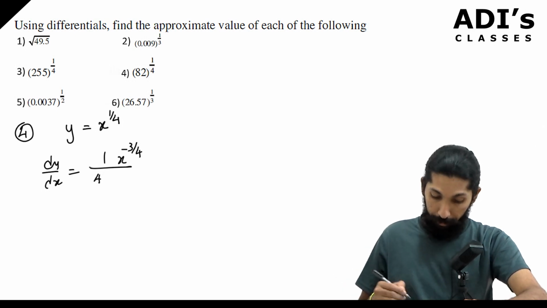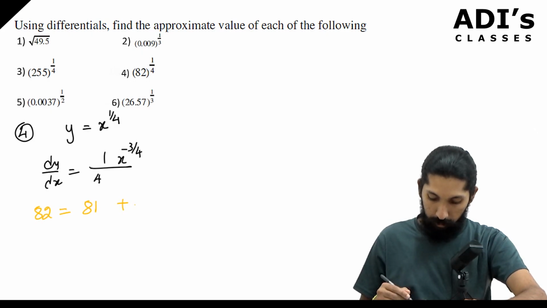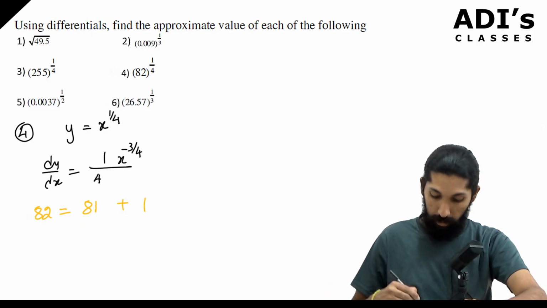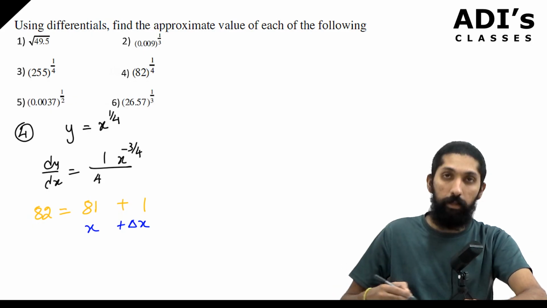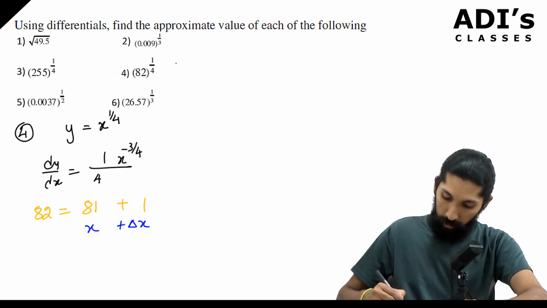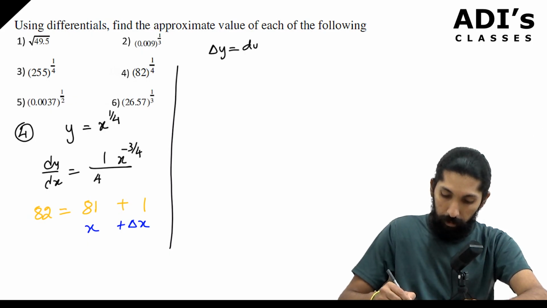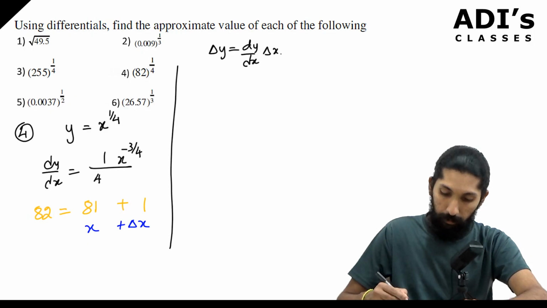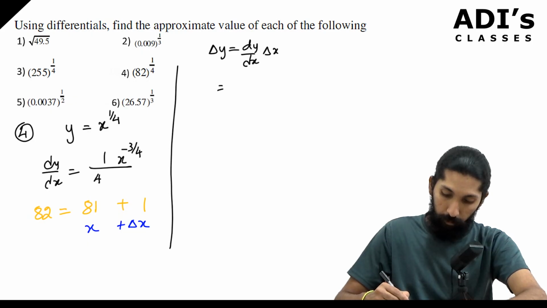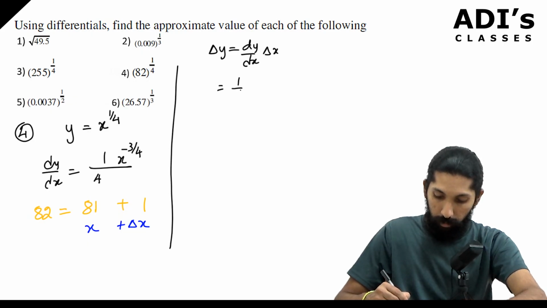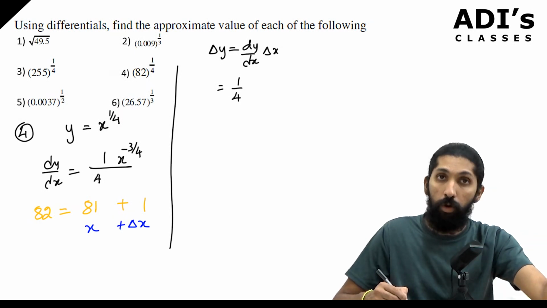Now how do we write the 82? 82 is equal to 81 plus 1, where you can say that this is x and this is delta x. Right? Now after this, delta y is equal to dy by dx into delta x. Substitute the values. Guys, I'm directly substituting because you have already done few problems, so you know how it's going to happen.